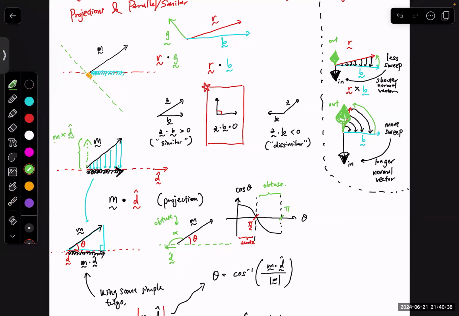Sorry, vector M, not hat. Vector M cross vector D hat. But again, I'm not talking about a vector here because cross product gives us a vector. I'm talking about the length of this vector. So this is the modulus of M cross D hat. This should be how you link between your dot product and your cross product.